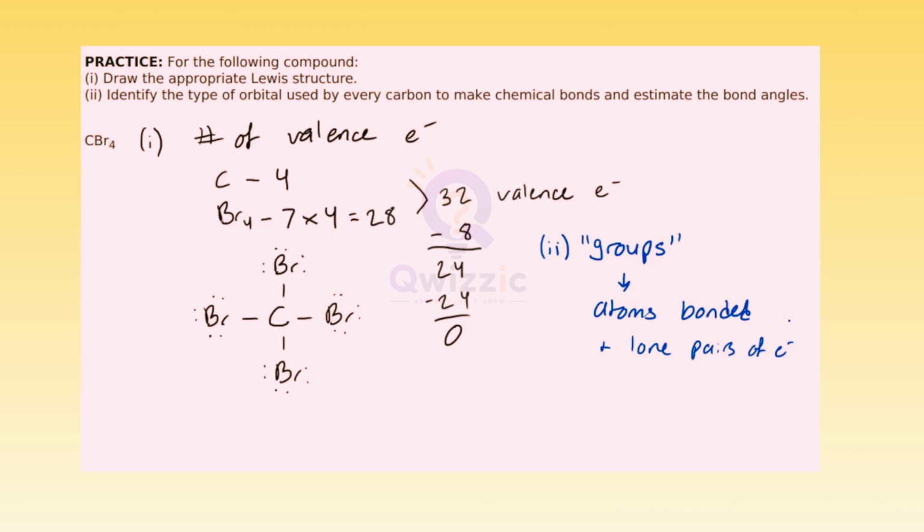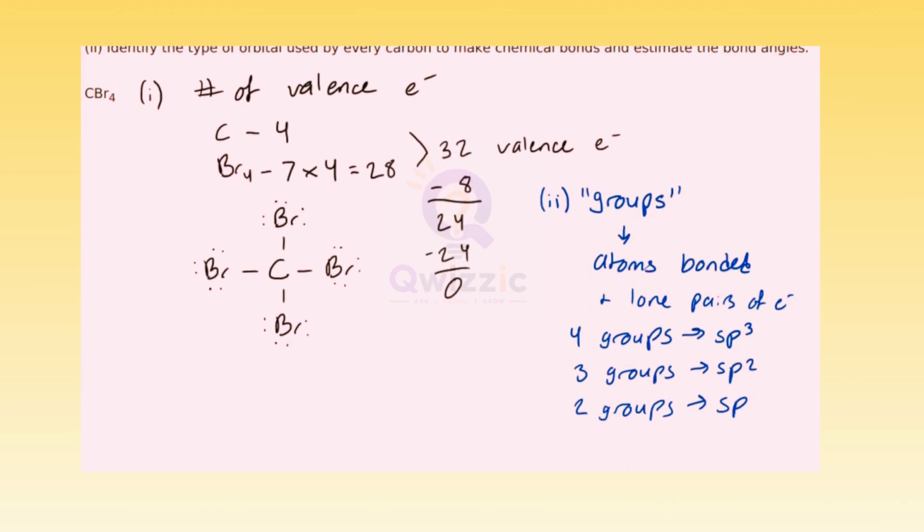So let's figure out our total groups for carbon. But before we do that, let's first clarify a few things. If we have 4 groups associated to an atom in question, we're talking about sp3 hybridization. 3 groups indicates sp2 hybridization, and 2 groups indicates sp hybridization.